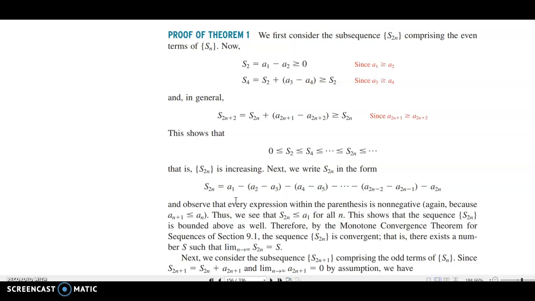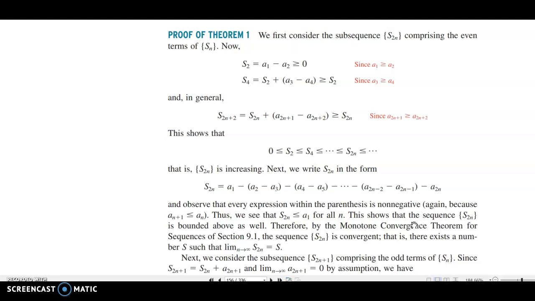Next, S_2n equals a1 minus (a2 minus a3) and so on. This is the expression. Every expression within the parentheses is non-negative because a_(n+1) is less than or equal to a_n. So S_2n is less than or equal to a1 for all n.